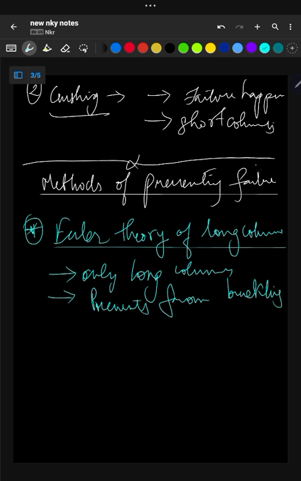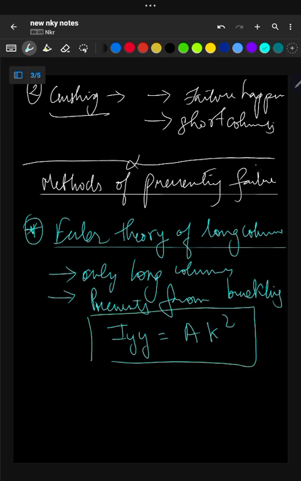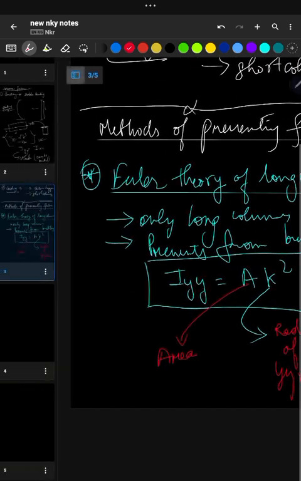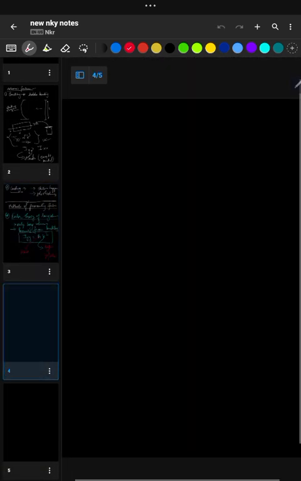For this we require the term A k square, where k is the radius of gyration and A is the area.